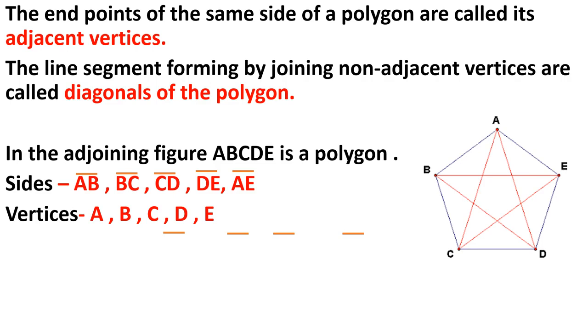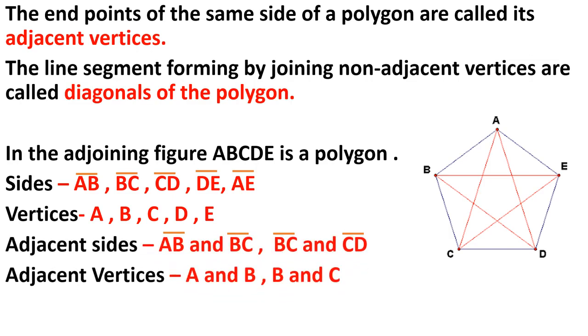Make one side, one line segment of a polygon. The two end points of that side are called the adjacent vertices. Clear? Now see diagonals of a polygon. What are diagonals?